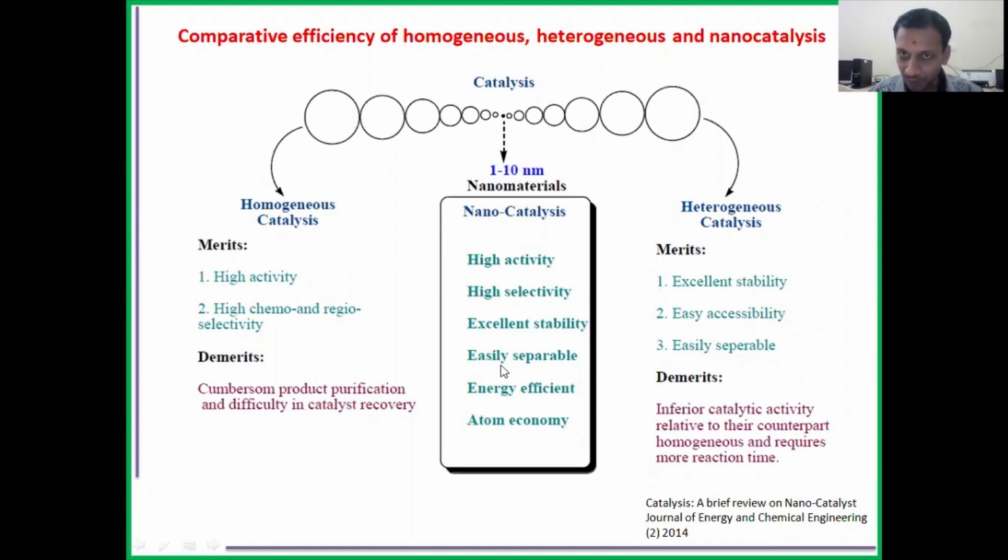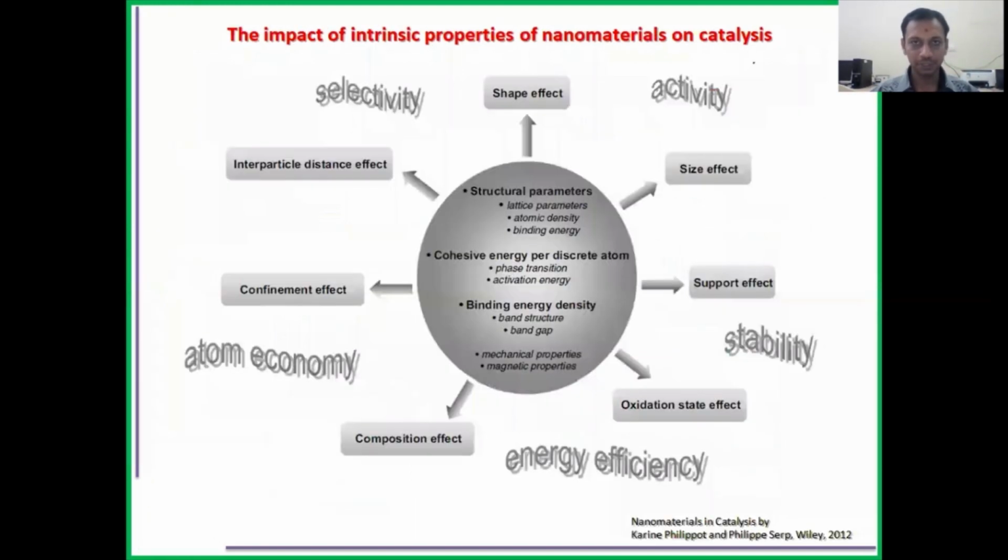These are all the advantages of nanomaterials in the field of catalysis. Heterogeneous catalysis: excellent stability, easy accessibility, easily separable.